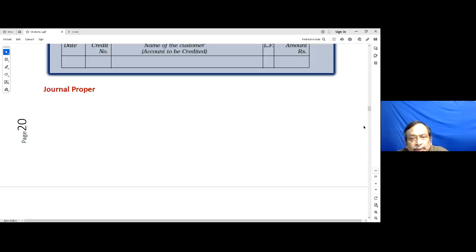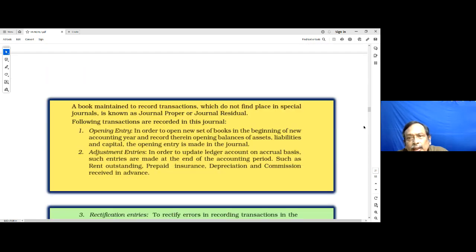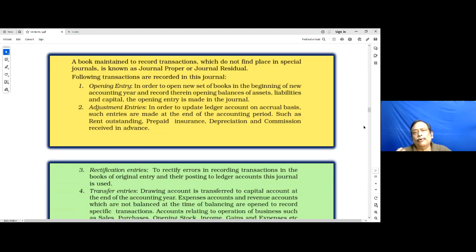Now we are coming to journal proper. A book maintained to record transactions which do not find place in special journals is known as journal proper or journal residual. The following transactions are recorded in this journal.